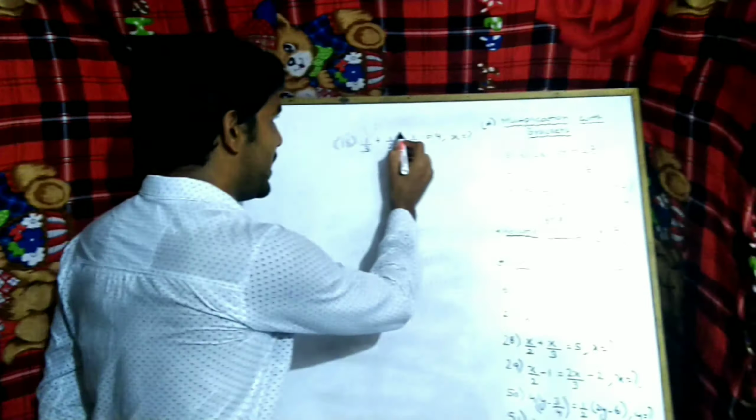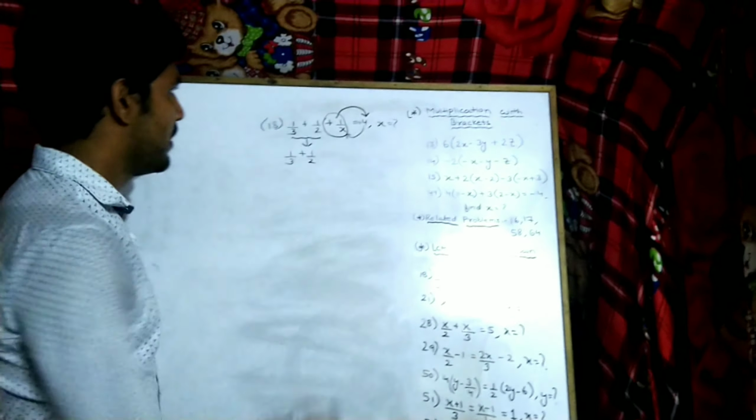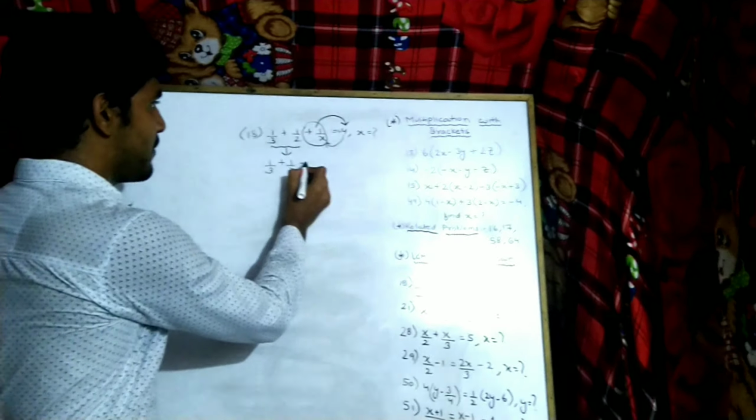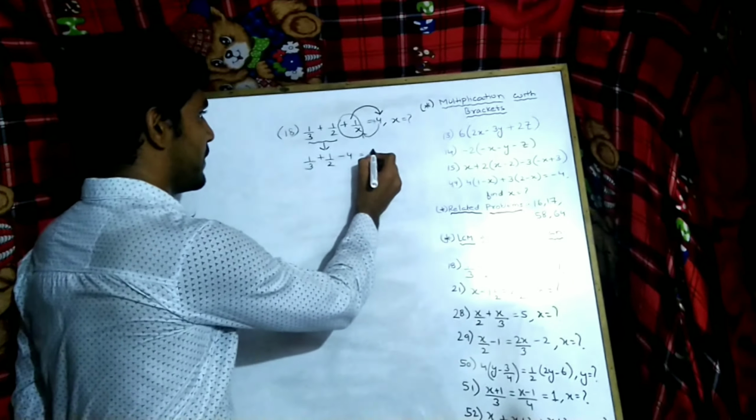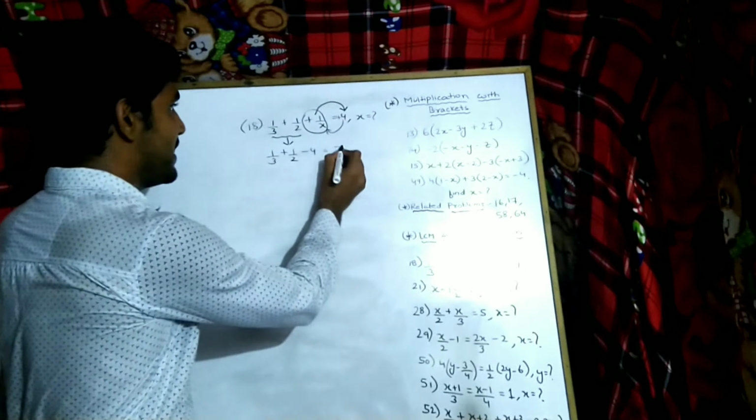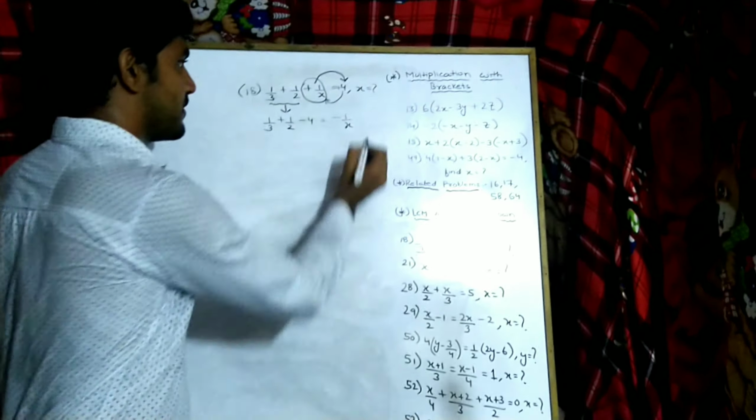Okay. Now this you have to write as it is. 1 by 3 plus 1 by 2. Okay. Now this plus 4 goes that side becomes minus 4. Okay. Is equal to minus, because this plus 1 by x goes that side, becomes minus. So minus 1 by x.